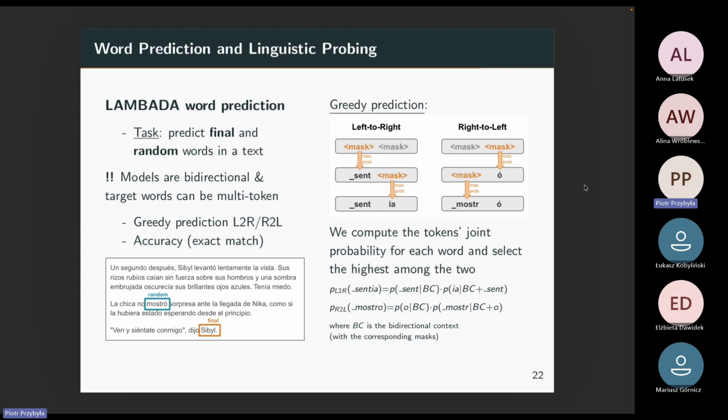If you have the word centilla, we first compute the probability of "cent" given the context that is before, and then we add "ia" as a probability. This sounds complicated, but it actually doesn't change that much, because the first probability is the one that matters. Once you fill in the first token in a sequence, it becomes quite trivial for the model to guess what follows. So this probability is 0.99. It doesn't change much in practice, but it has to be done for comparison.